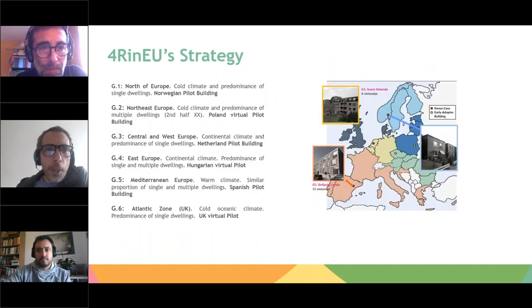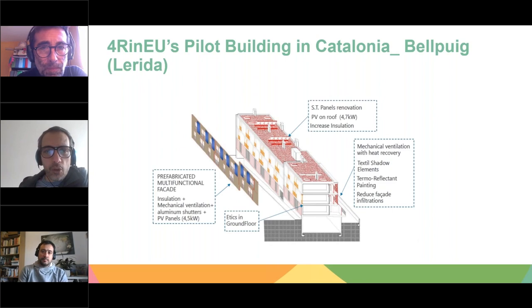Okay, so we have many pilots, some of them real pilots and others virtual pilots. But the idea was the same: to fabricate this prefabricated multifunctional facade and to reduce the inconvenience for the inhabitants of these dwellings, just plug and play, as I said.